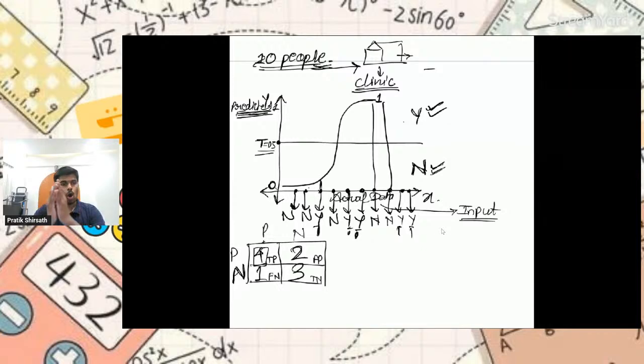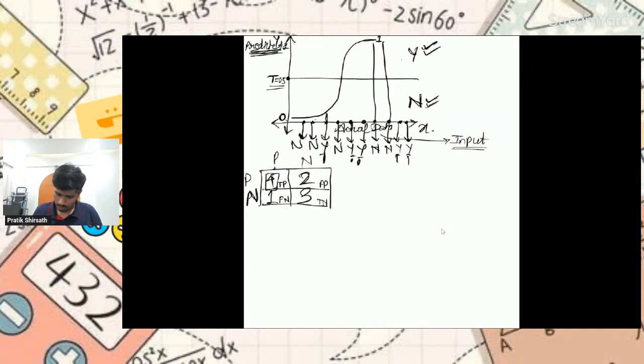Now on the basis of this regression model, this S curve, we have got a confusion matrix, and in that confusion matrix we have got all the values for all 4 components. Now on the basis of this, we will get TPR and FPR.